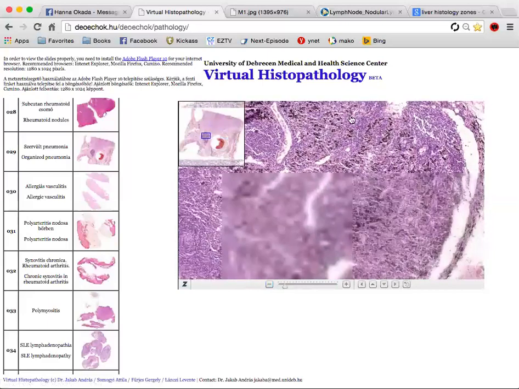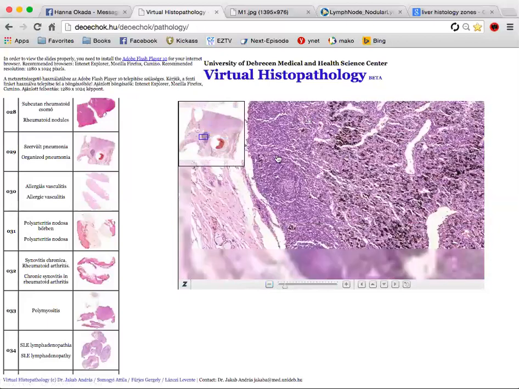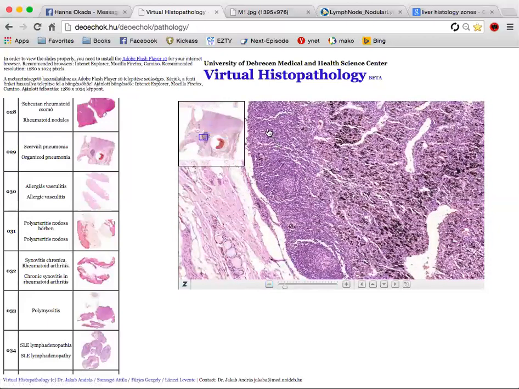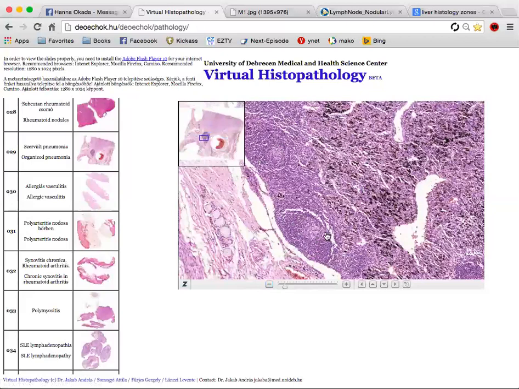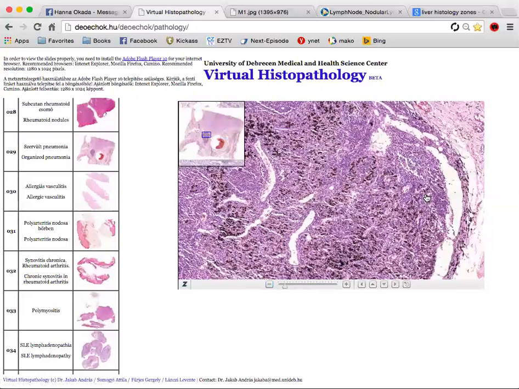This, I think, is a lymph node. If you see, this is a lymphoid follicle and this is a lymphoid follicle. So it's a lymph node. Okay, got it.